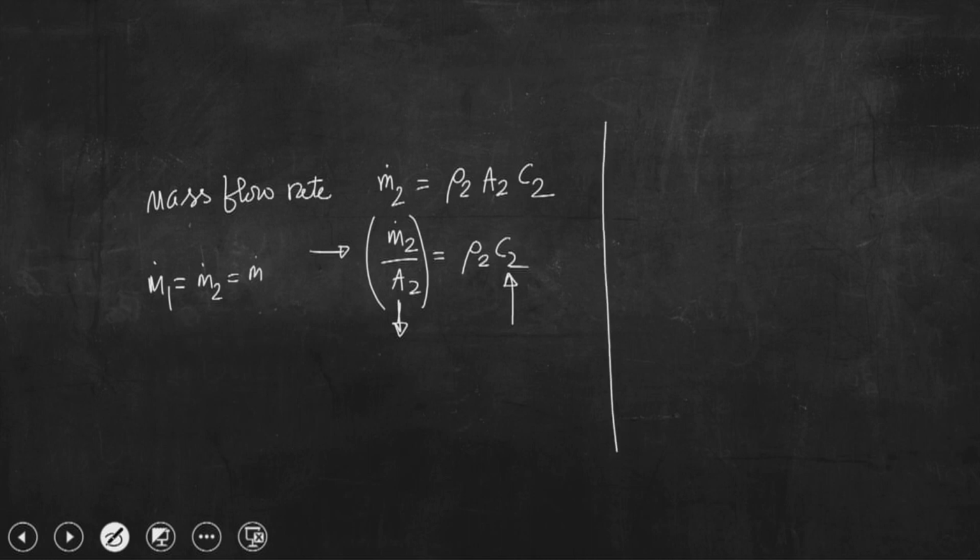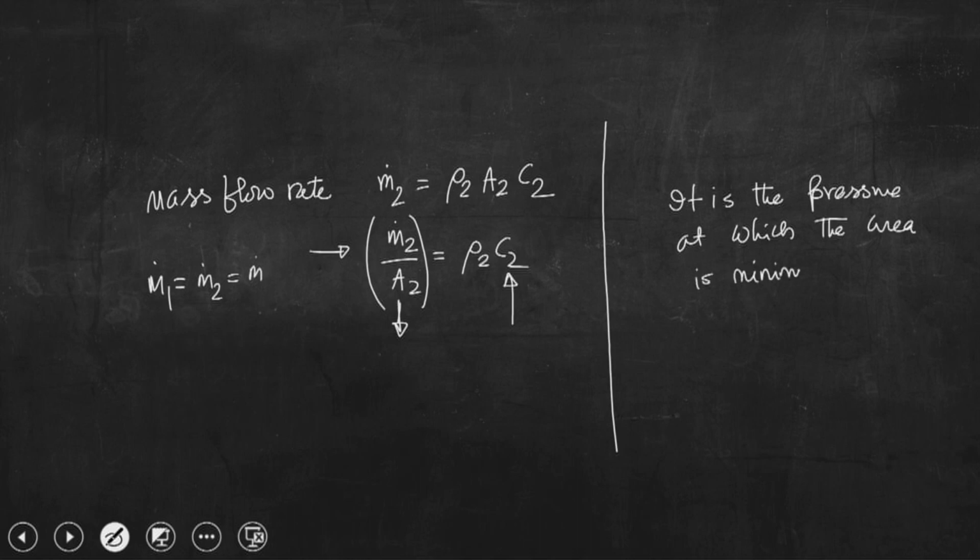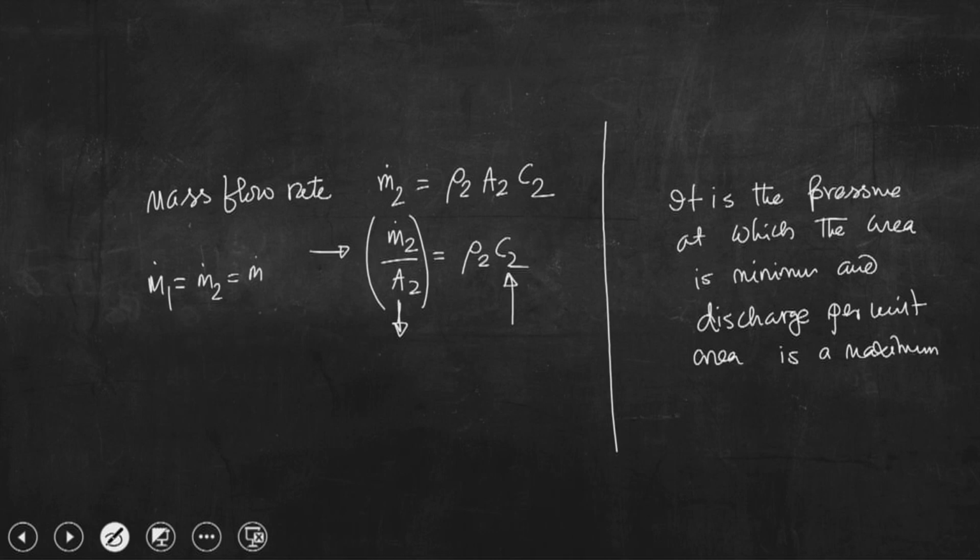That means we can say it is the pressure at which the area is minimum and the discharge per unit area is a maximum, right.